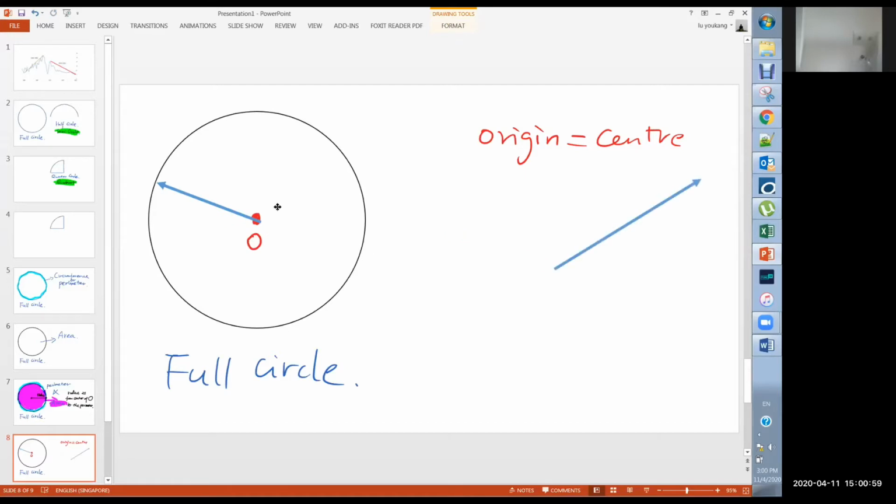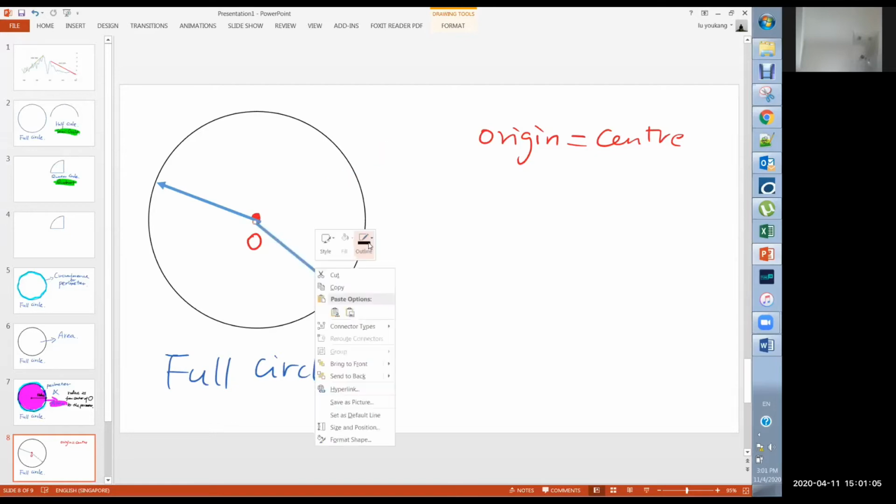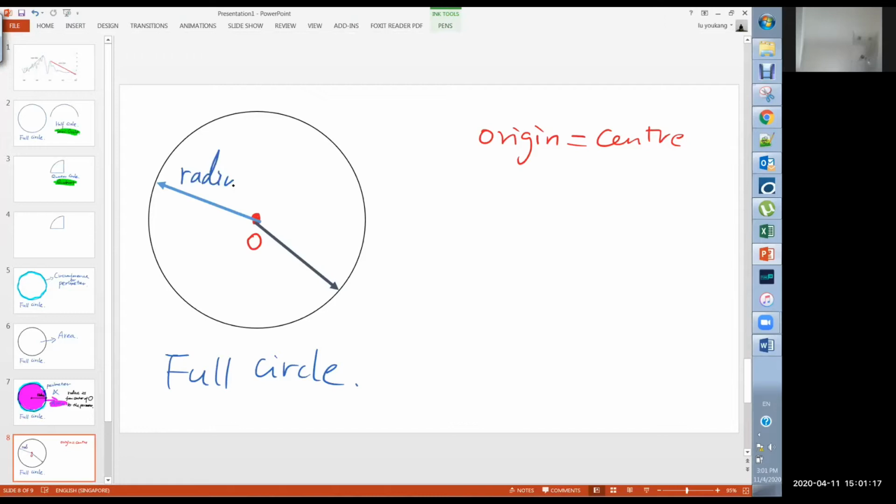So then let me ask you. From the center, is the black one my radius? Yes. Why? Because it starts from the center of the circle and it's touching the perimeter.